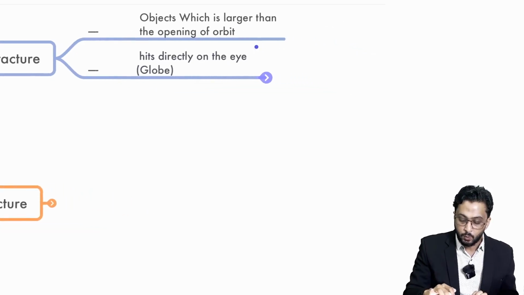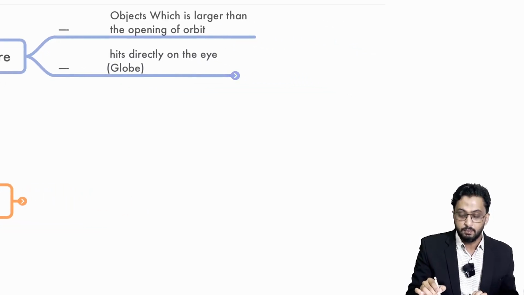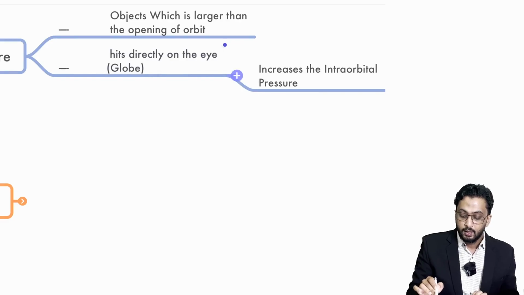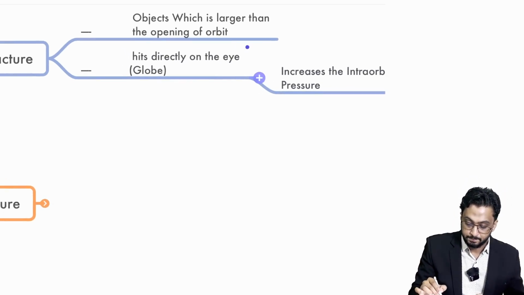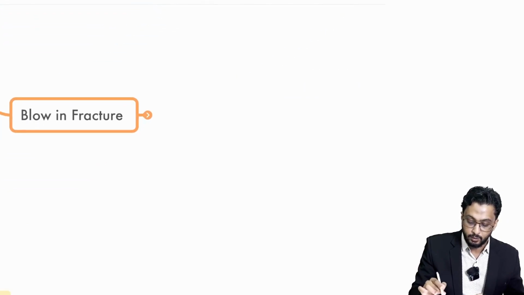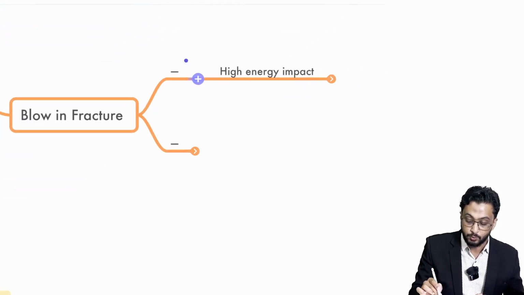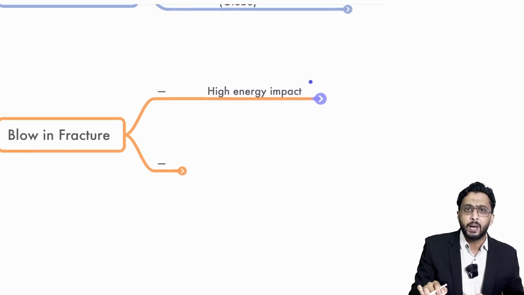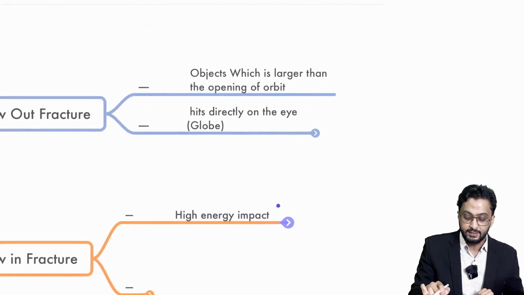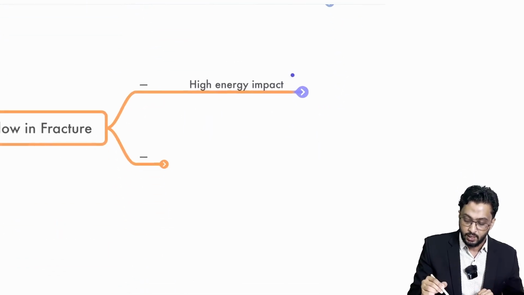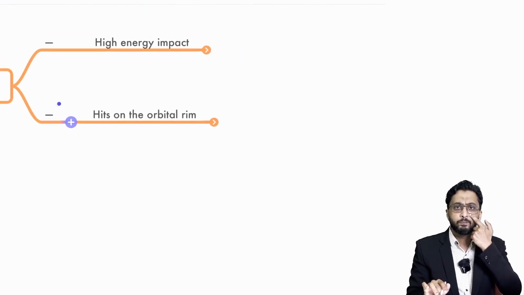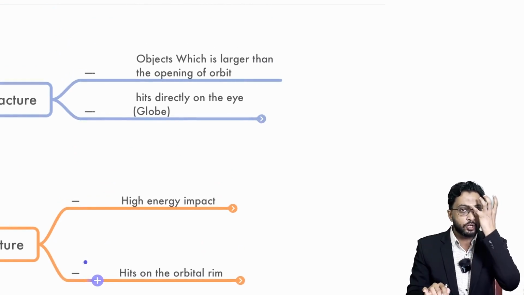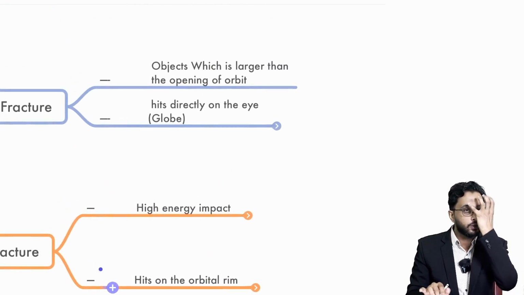So that is very, very important to understand. Before that, I'll make you understand what happens in blowout. It is exactly the opposite, as I've told you. Blow-in is a high energy impact, a more severe injury, whereas blowout is a less severe injury. Here, it hits on the orbital rim, whereas blowout is a larger object that hits on the globe.